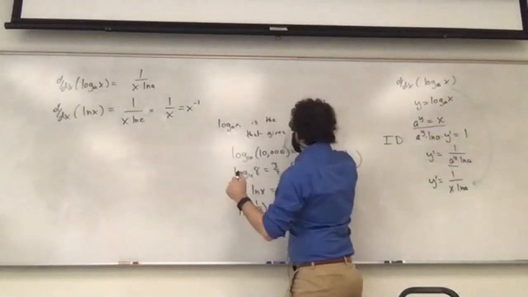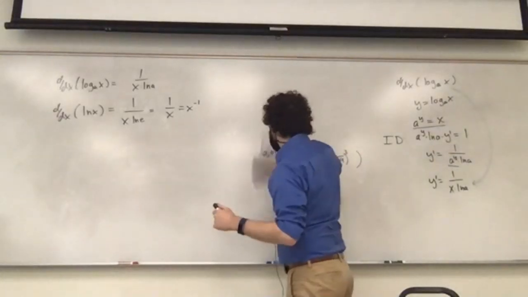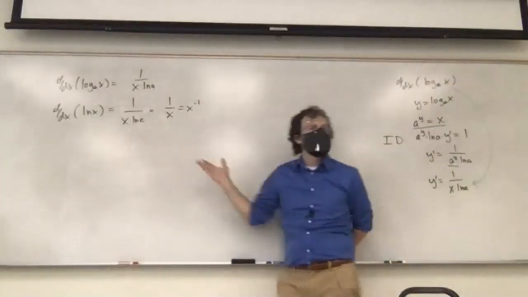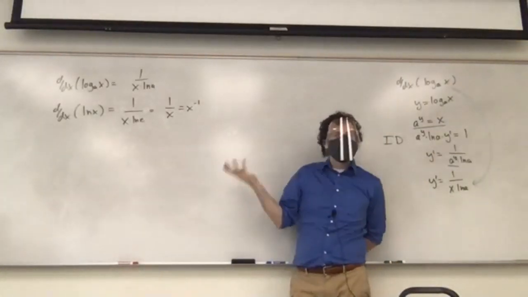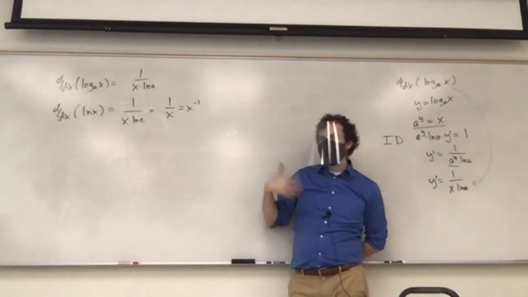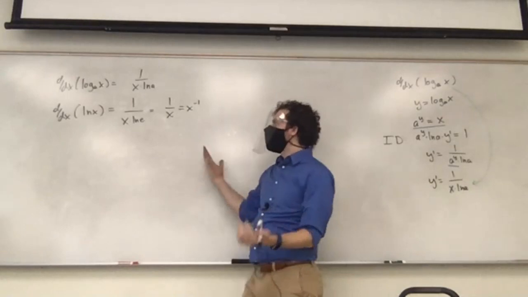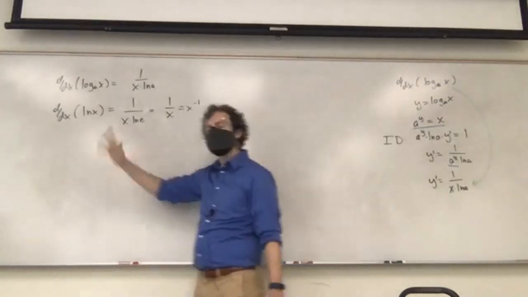And at this point, if you stop and think about it, 1 over x hasn't been the derivative of anything so far. It's a pretty simple function, but it's just never been the derivative of anything. And the reason why is, well, because we haven't talked about the natural log yet.